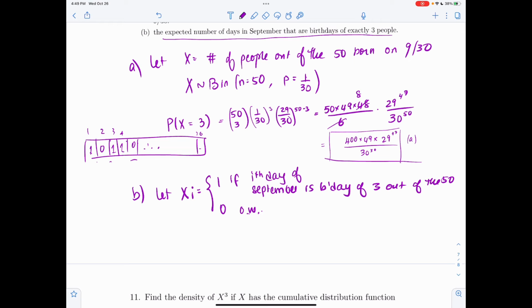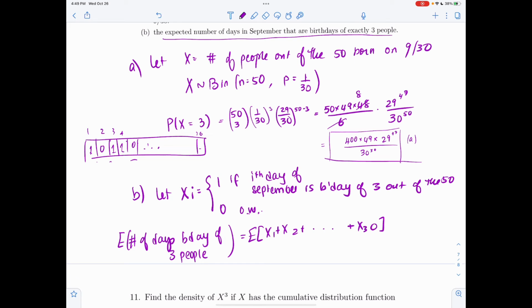So the number of days will be, this will be the expected value of the sum. Expected value of sum is the sum of the expectation.